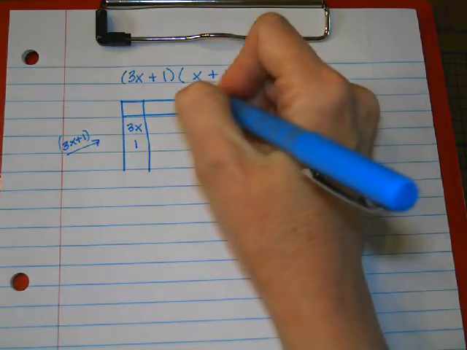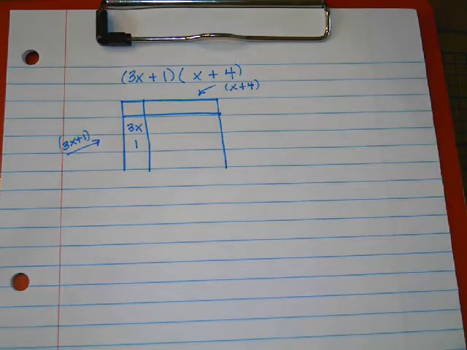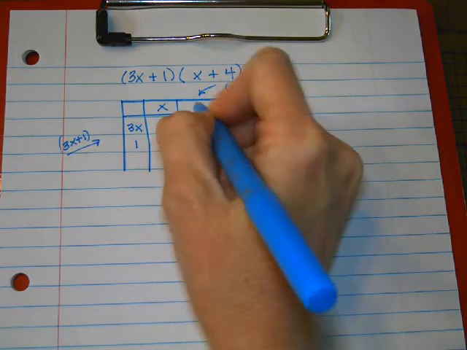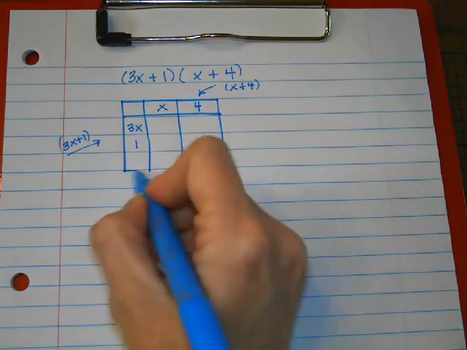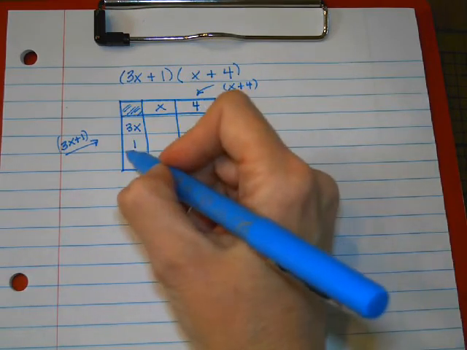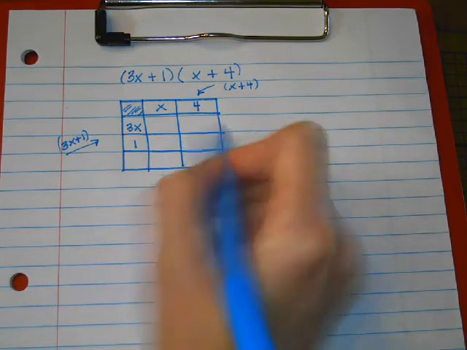Then this top part up here represents our second polynomial of x plus 4. So we'll put our x and then our 4. And remember, we don't use this part, and this part as well.